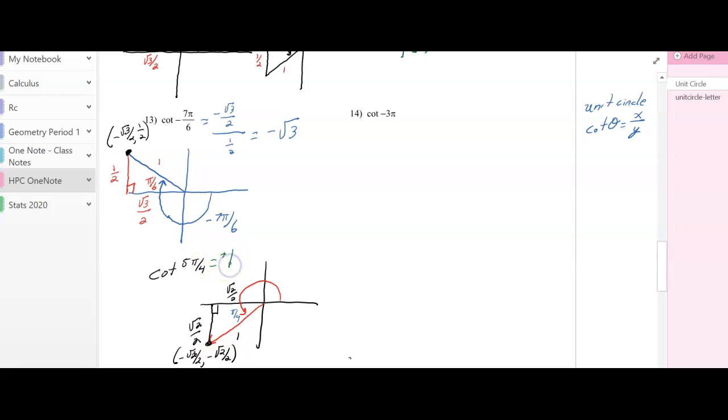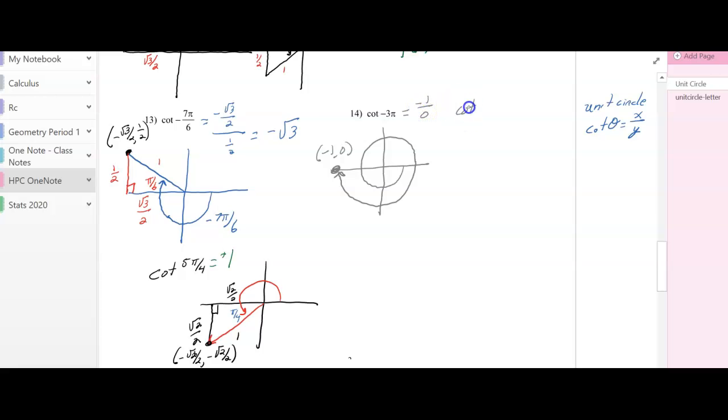is positive 1. Okay, number 14, the cotangent of negative 3 pi. So negative 3 pi is going around the circle, that's negative 2 pi, and then you would end up there. That coordinate is negative 1, 0. The cotangent is the x-coordinate over the y-coordinate, so negative 1 over 0.